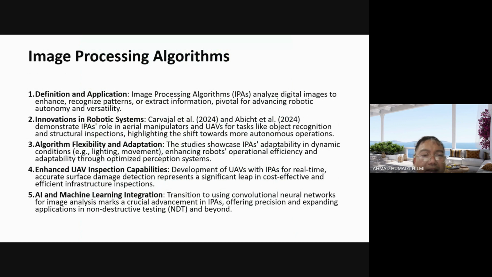Because they can fly, they can identify all this information and relay it to the operator. Some of the information is processed by AI and machine learning integration, using convolutional neural networks for image analysis, offering precision and expanding application in non-destructive testing.